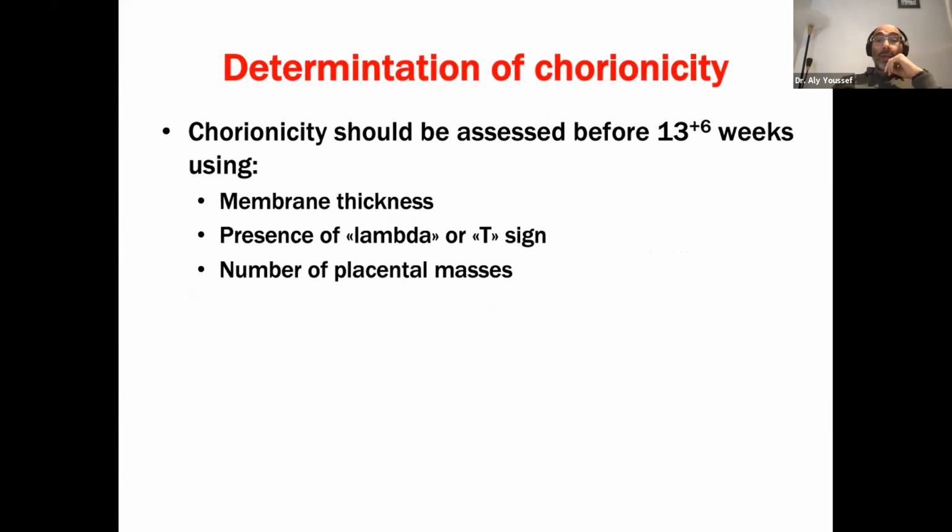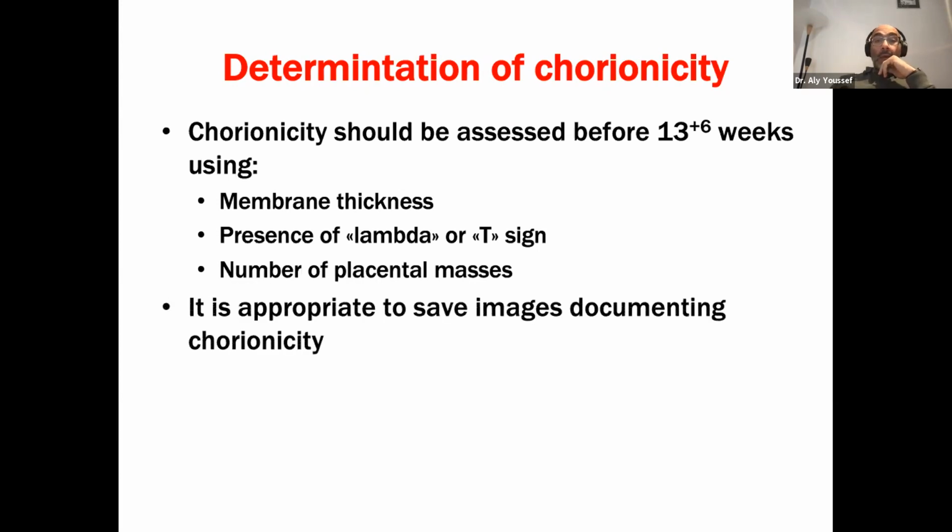Well, chorionicity ideally should be determined before 13 plus 6 weeks, so before 14 weeks. And we have many criteria that help us to determine accurately the chorionicity of the pregnancy: the membrane thickness, the presence of the lambda and T sign, which is the most used and useful sign, and the number of placental masses.